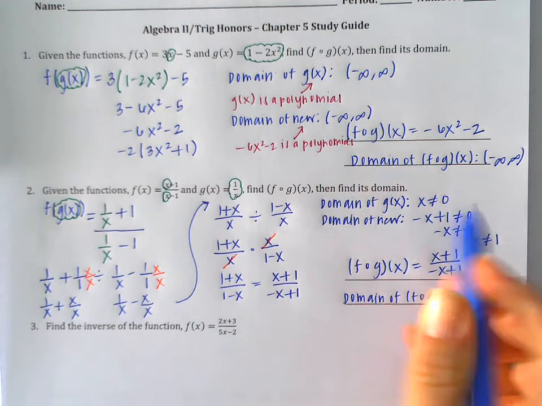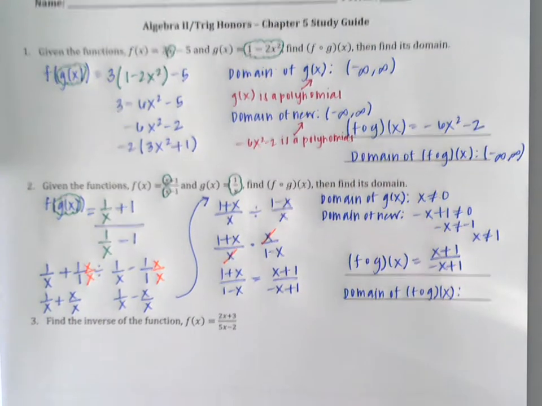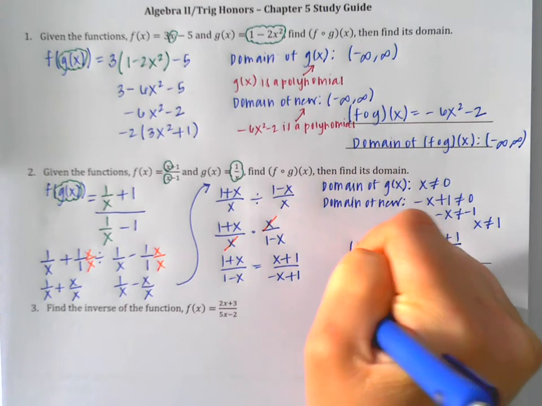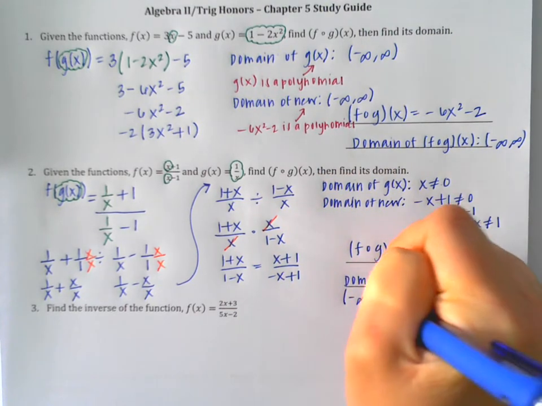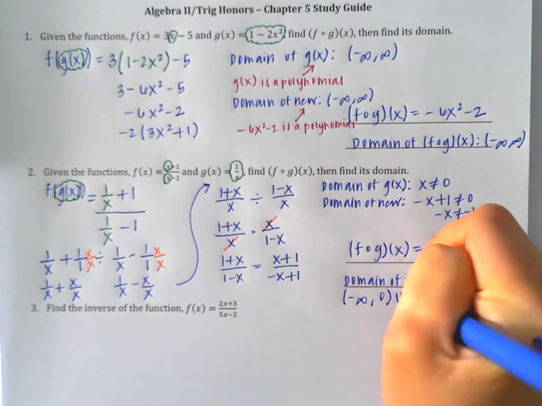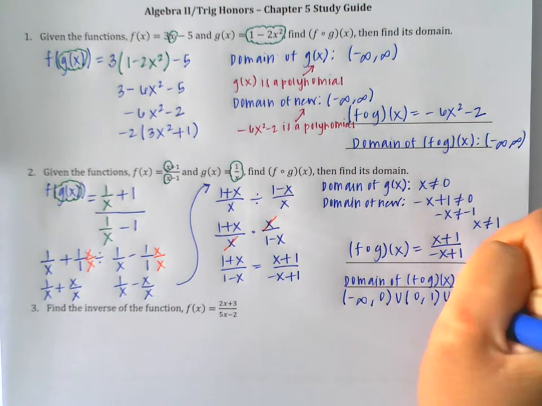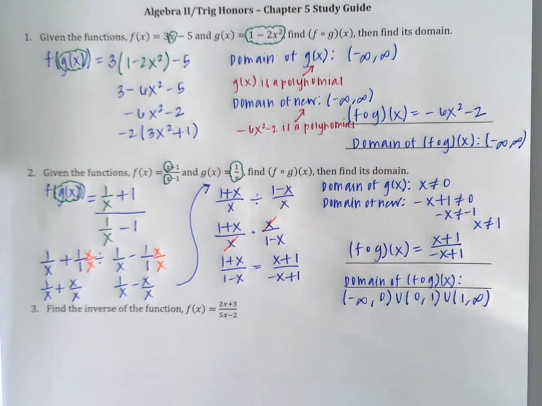So if it can't be equal to 0 and it can't be equal to 1, the way that we write that is going to be negative infinity to 0, union 0 to 1, union 1 to infinity. Now remember, sometimes looking at a number line really helps to see that visual.